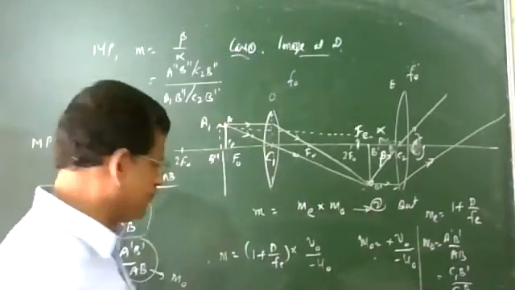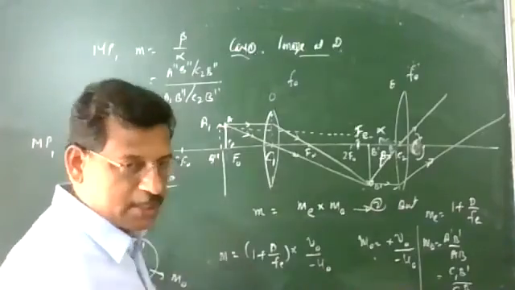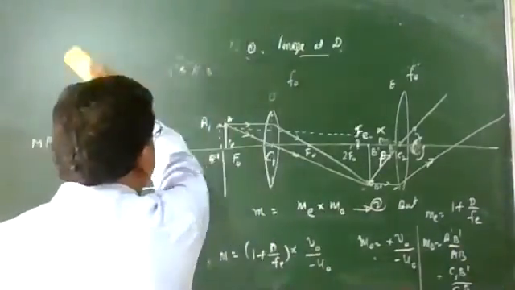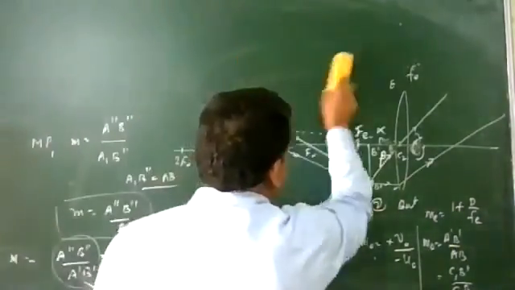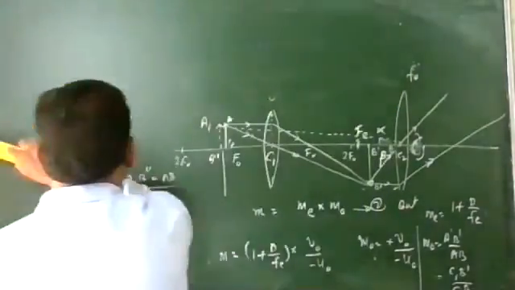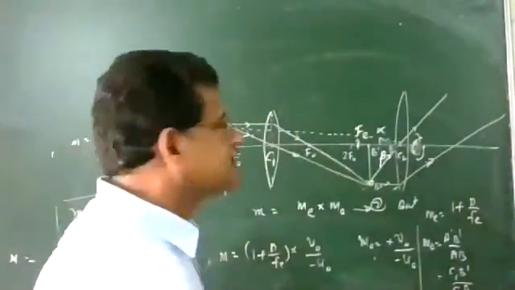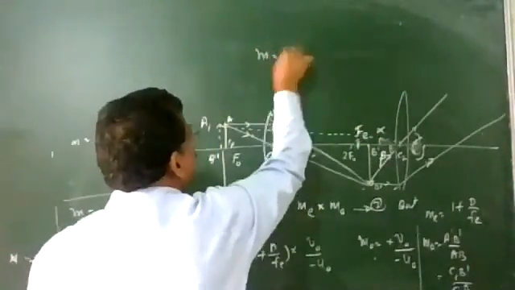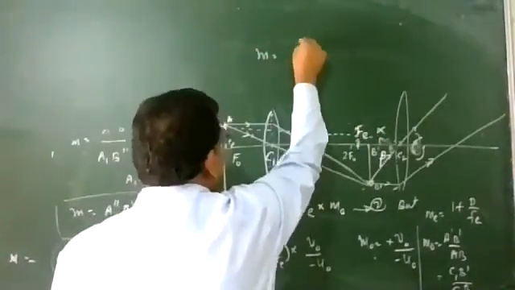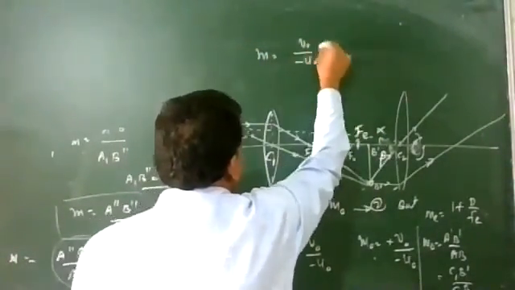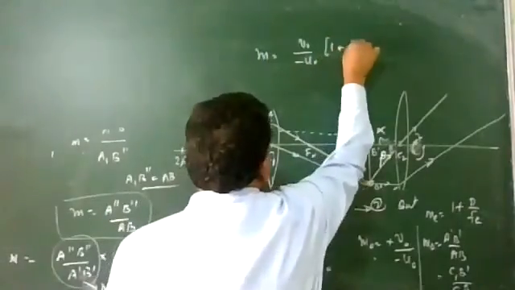So this is the magnifying power of the compound microscope: M equals v_0 upon minus u_0 into 1 plus D by f_E.